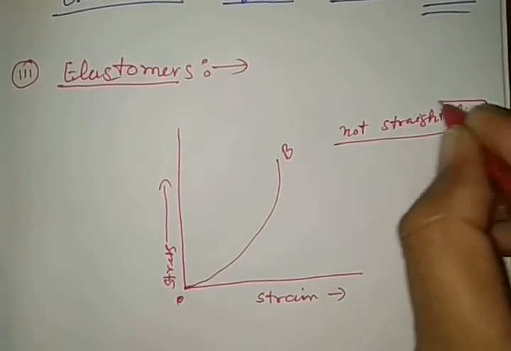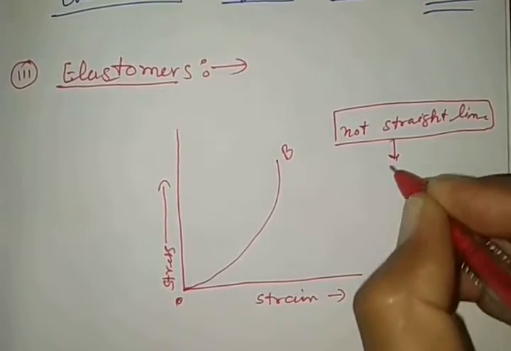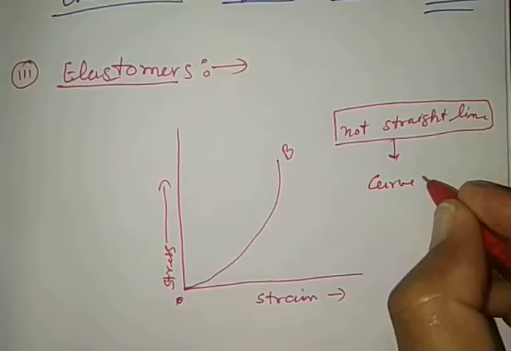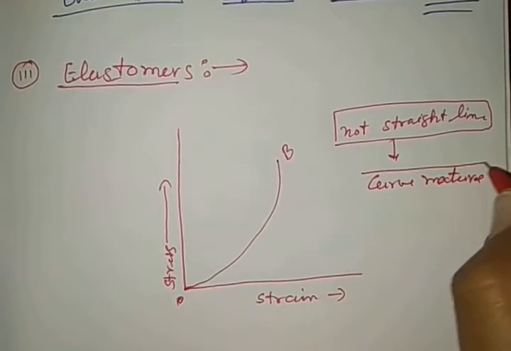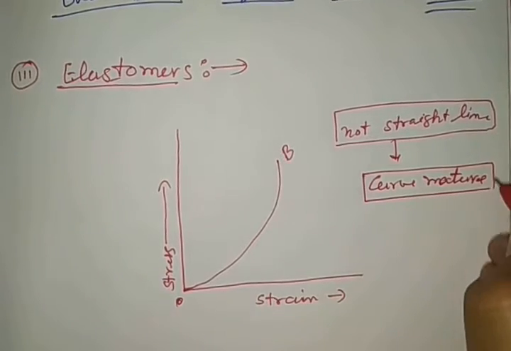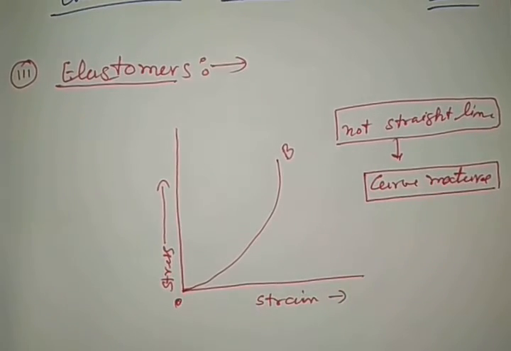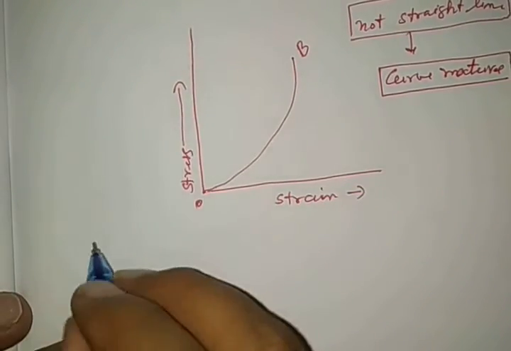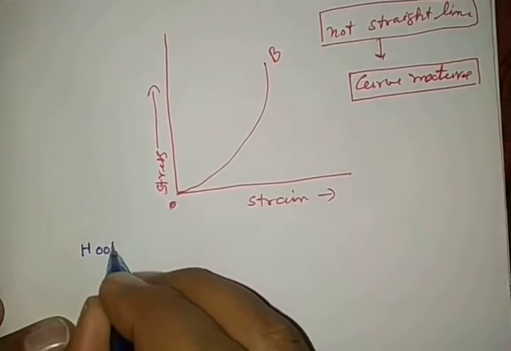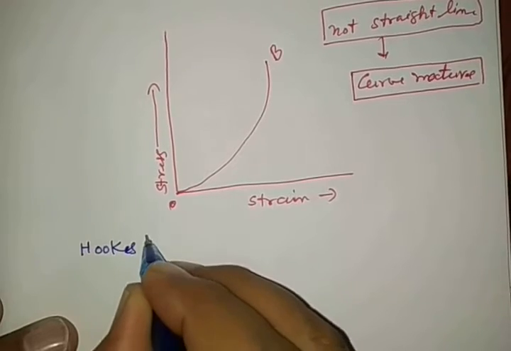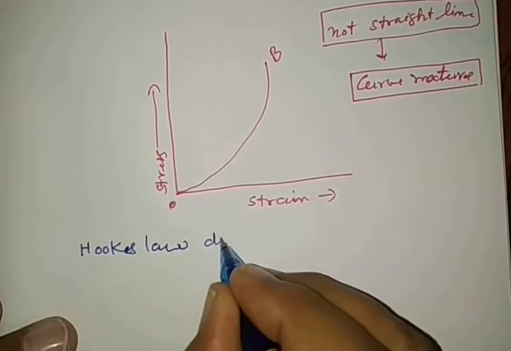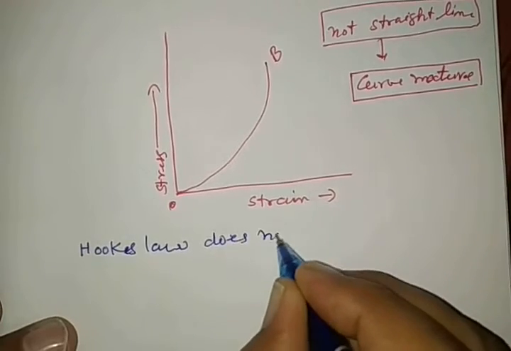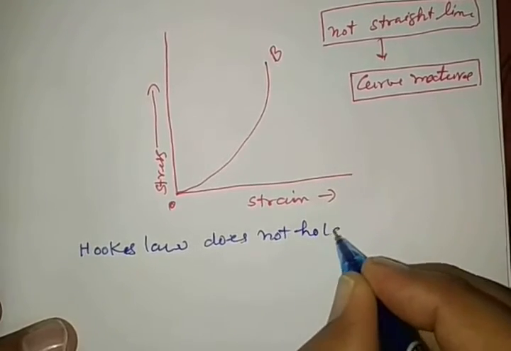It shows curvature. Curvature means what? Hooke's law does not hold properly.